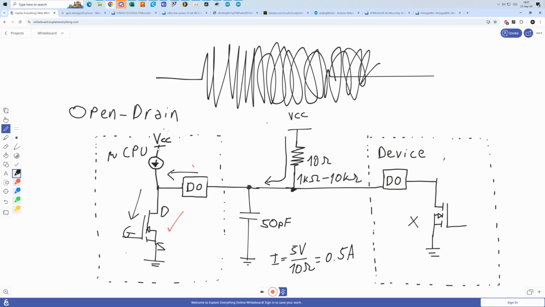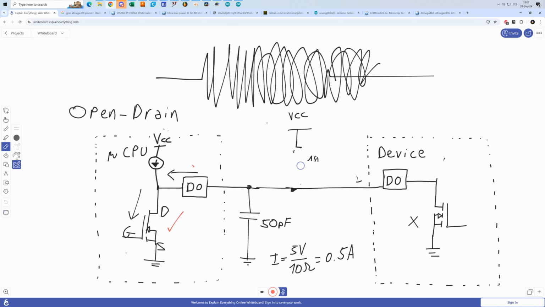This current source is trying to push some current. So either the transistor here is on, in which case the current source pushes current into the transistor, but the transistor is open, meaning that the state of the bus is going to be logic low. There will be no voltage. Of course, if we use the integrated pull-up resistor, we're most likely not going to use an external one.